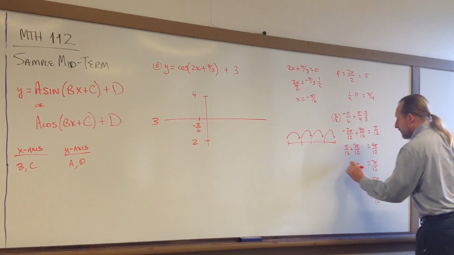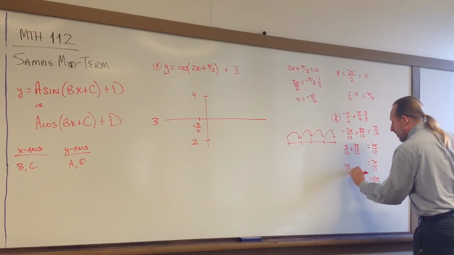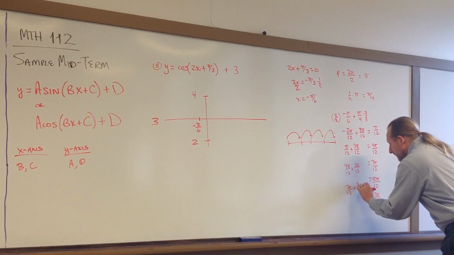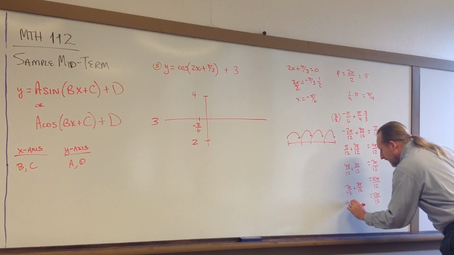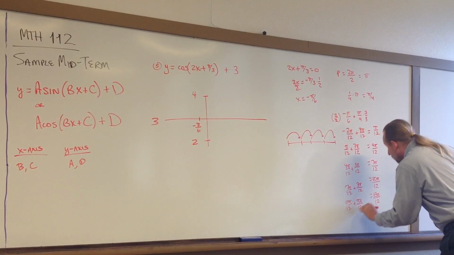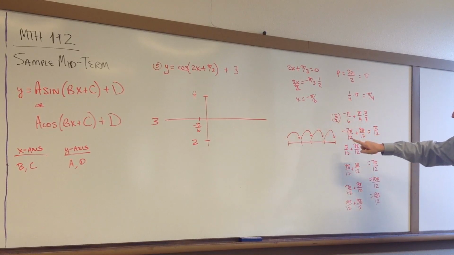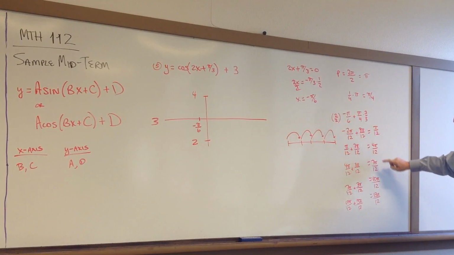There's our 4 pi over 12. And there's the 7 pi over 12. And the 10 pi over 12. And then the last one, 13 pi over 12. So then we've got the starting point, negative pi over 6. 1, 2, 3, 4, 5.